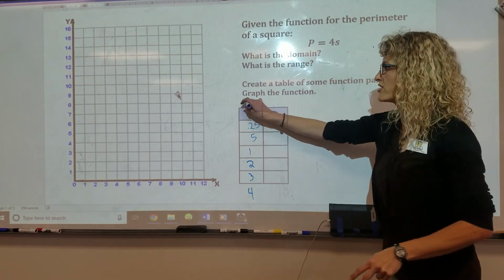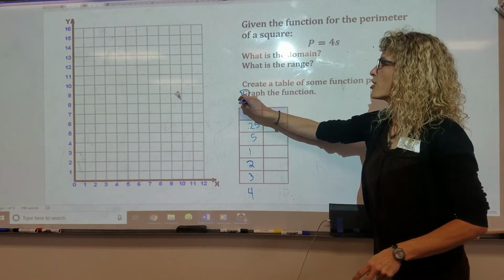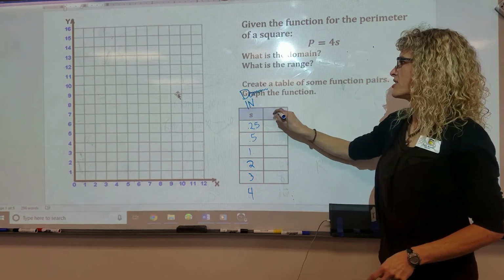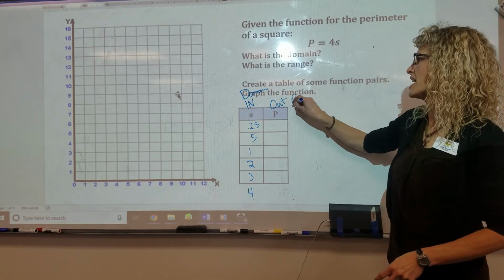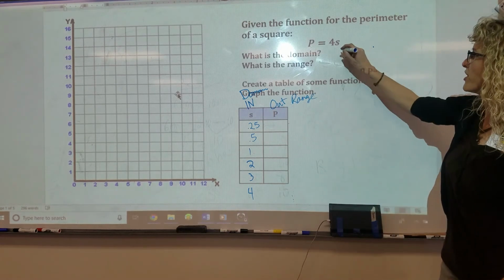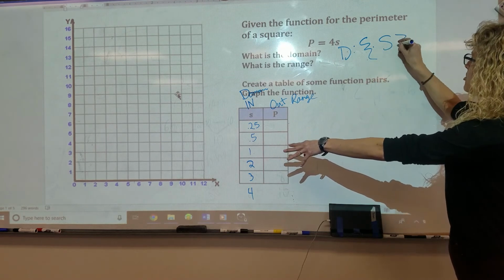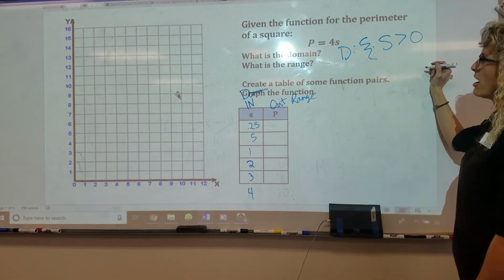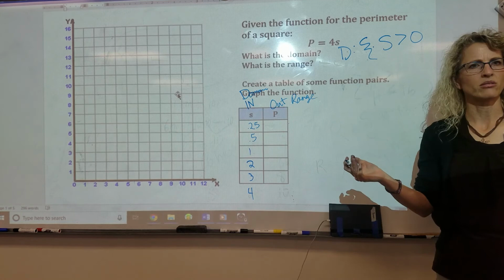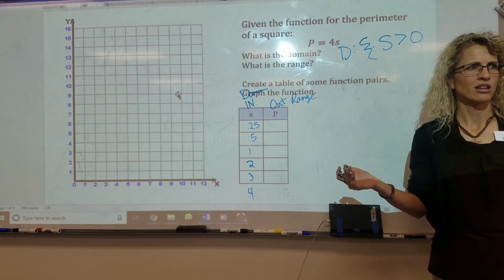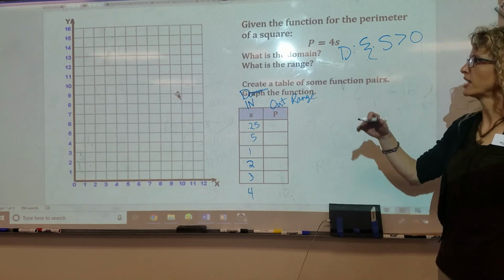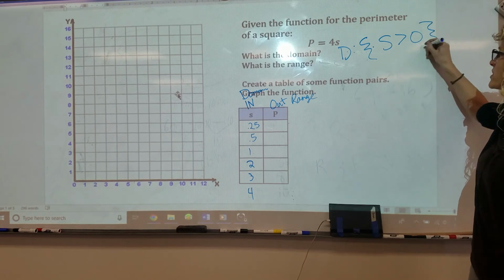This is my input, or domain. This is my output, or range. I'm already figuring out domain is going to be positive. S has to be greater than 0, but could be anything. It can't be negative, and it can't be 0, or we wouldn't have a square. Okay, so that's good on domain.